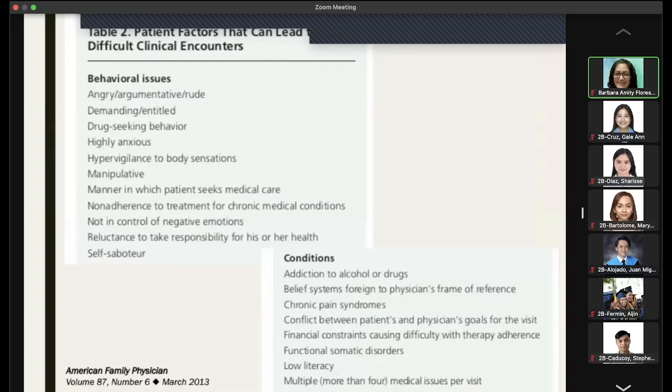Other patient factors that can lead to difficult encounters are if they have behavioral issues, if they have significant medical issues or health conditions, including past or present trauma, underlying psychiatric diagnosis, and low literacy.